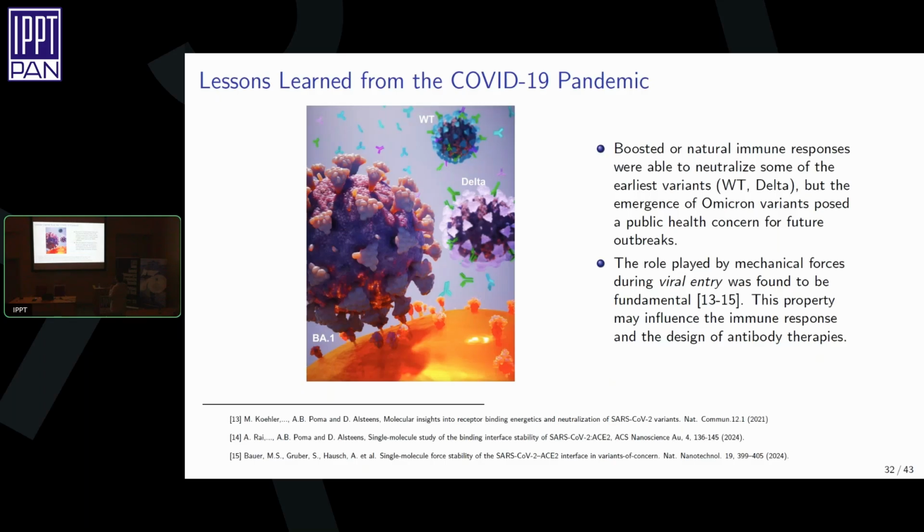And also, we try to place the idea that mechanical forces are kind of important at the level of the viral entry. So, what you can see in this cover image is that basically you have the virus and you have the cell, you have the receptor, and there is nothing else. But that's not true, right?